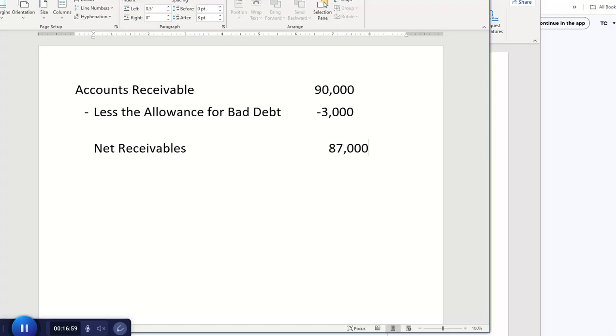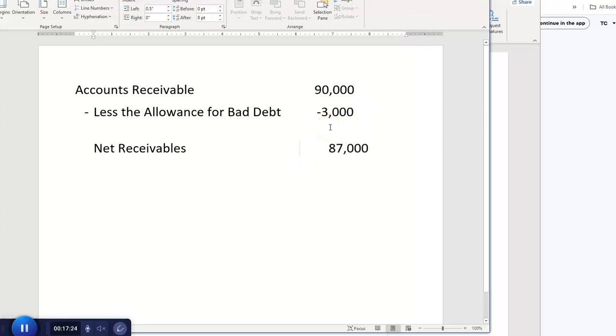Now, how this is more useful is, again, we've already recorded the expense in the time period that we recorded the revenue, so that makes us follow the matching principle, but also it gives the users of our financial statements a better indication that we're not really expecting to collect $90,000, we are expecting to collect $87,000. So we would show those net receivables.